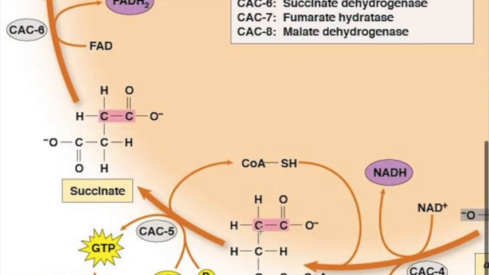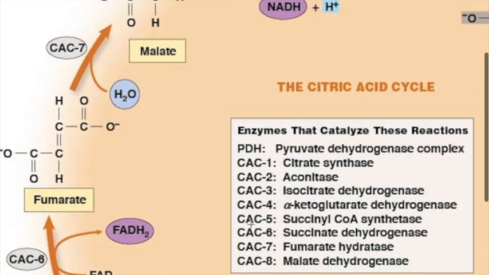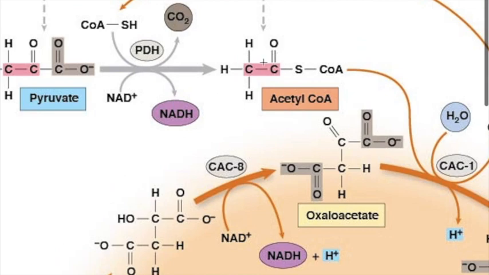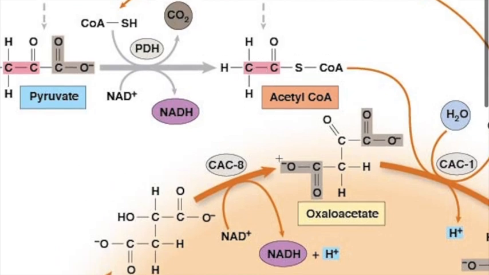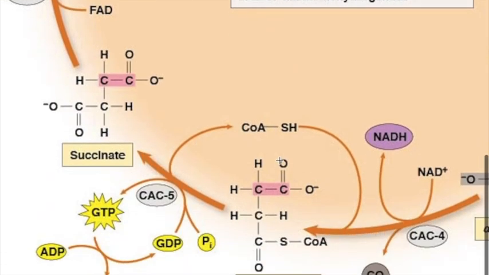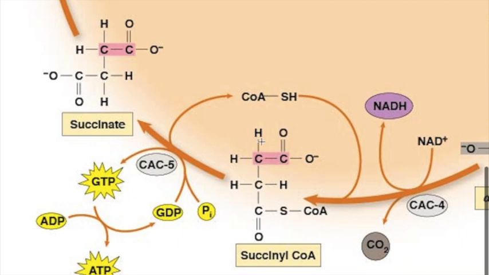Okay, so as you guys can see here, we're still following these same two carbons that came in all the way from up here from this acetyl-CoA. That has not actually been transformed to any carbon dioxide molecules yet. It actually has to go through this entire cycle one time, two times before these carbons actually start to be separated out as carbon dioxide.